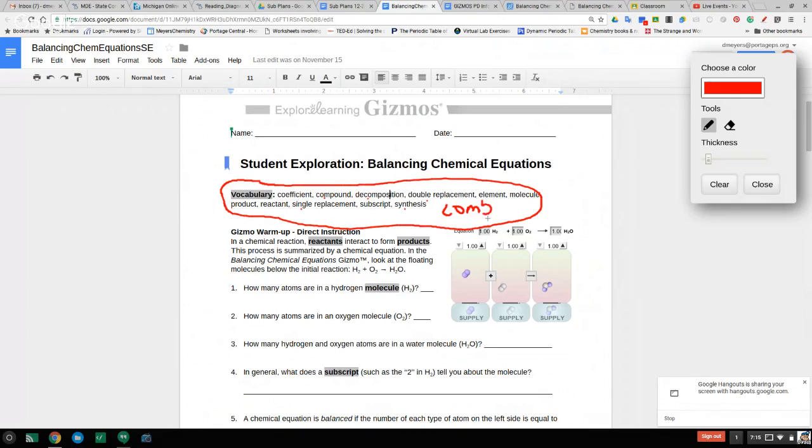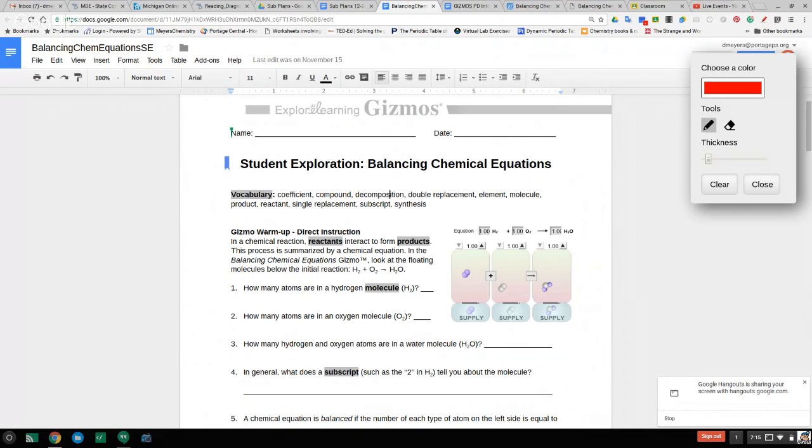I'm just going to put comb. I guess that's the best I can do on the mouse pad here. And as well as element, molecule, compound, product, reactant. A lot of these are already in your vocab sheets from Monday. So if you need to go back and relook at these to understand what they are, then that would be a good thing to do.